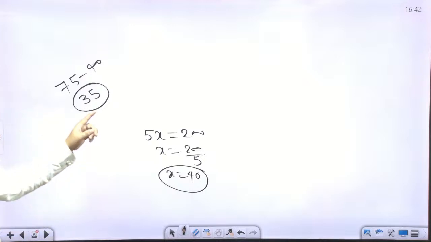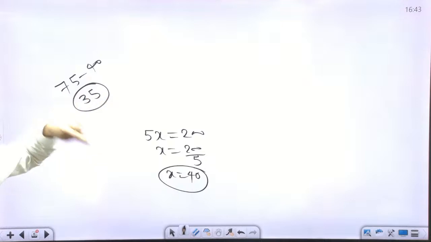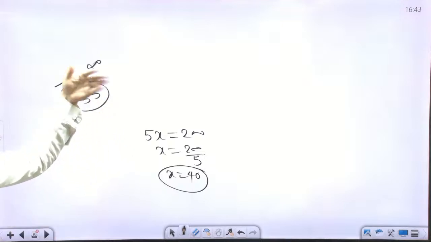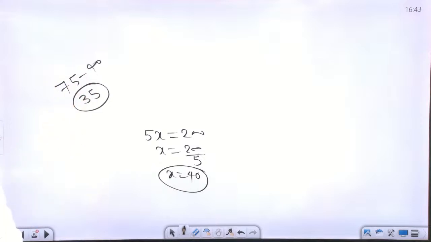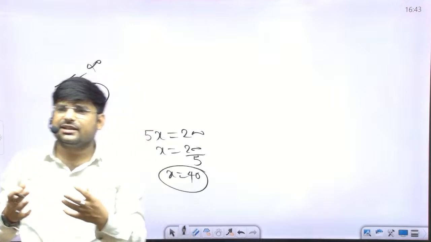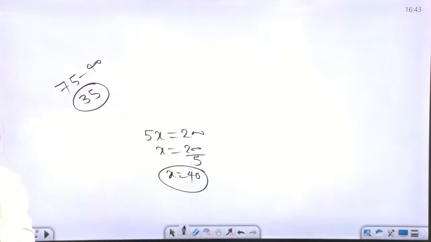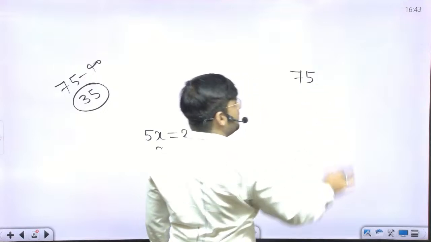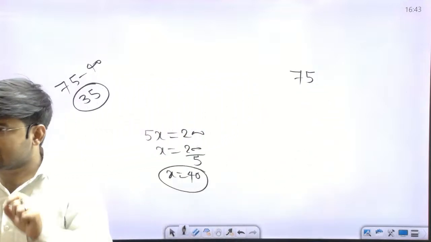But this is not the right way to solve this question in the examination hall. It's a very basic calculation. So what will you do in the examination hall? He attempted 75 questions.